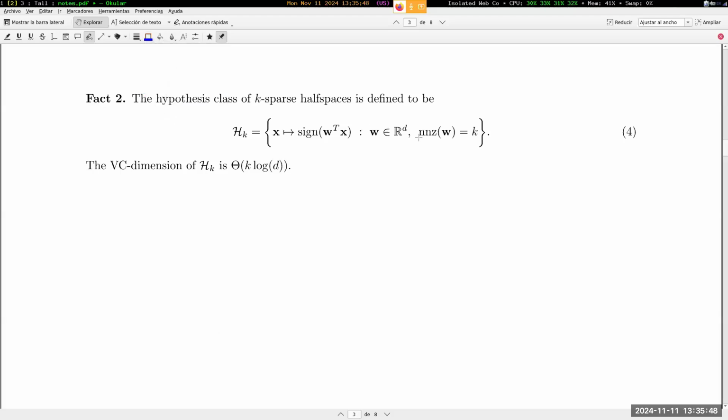So this is a new hypothesis class right here, the hypothesis class of K-sparse half spaces. It's very similar to the half spaces hypothesis class that we've seen before, except that there's this new constraint right here.